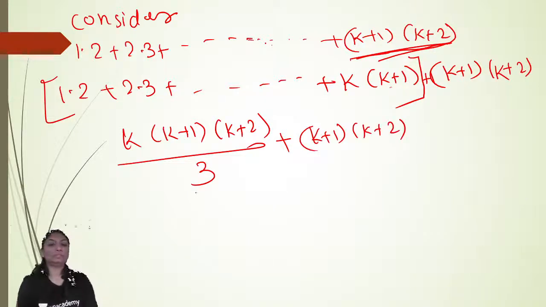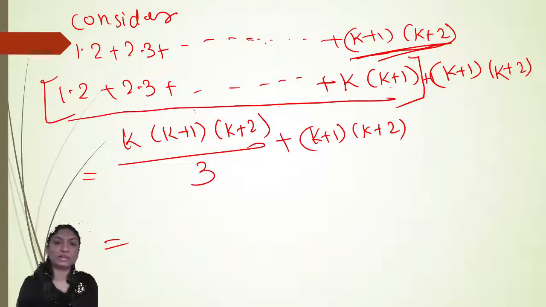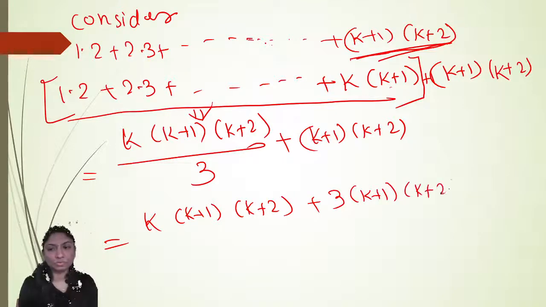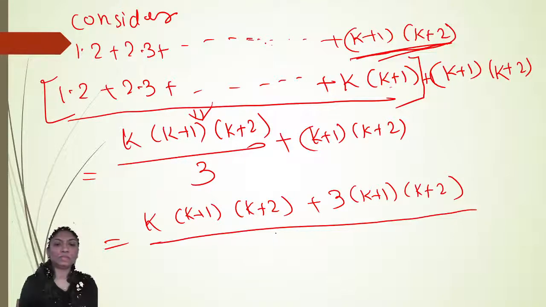Okay, so I'm taking the denominator the same. So you will get, instead of this term, we can write this term: k into k plus 1 into k plus 2 plus 3 into k plus 1 into k plus 2 upon 3.